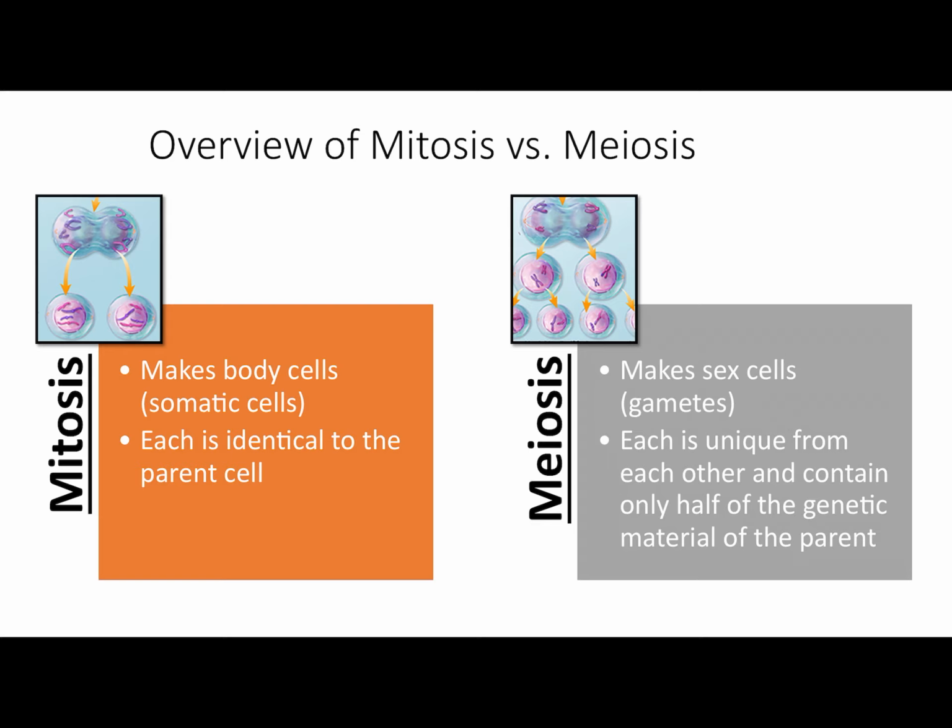And it's also going to produce offspring or daughter cells that have only half of the genetic information from what the parent cell had, so that when 2 gametes come together during the process of fertilization, what you have is back to your diploid number. And so then mitosis kicks in, that single cell grows and grows and grows until it's time to start making sex cells. Then a little bit of meiosis, either just in the ovaries or just in the testes, and the circle of life continues.